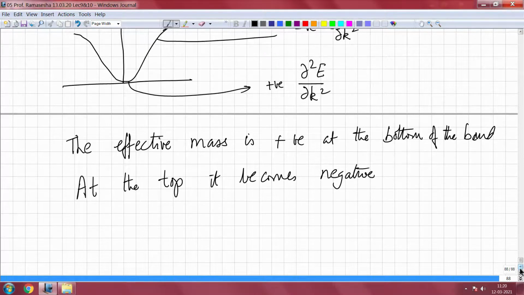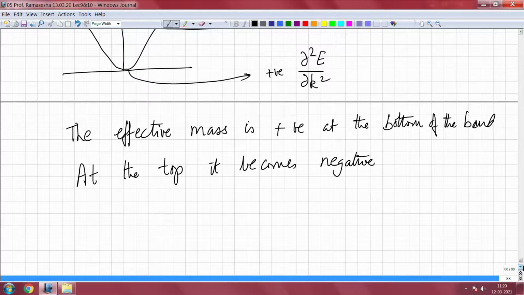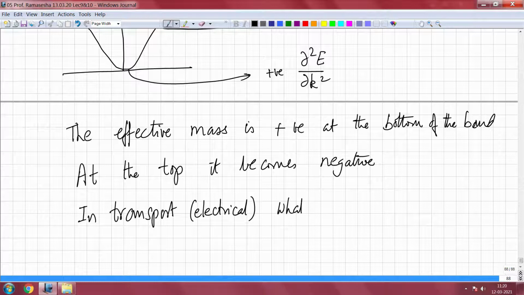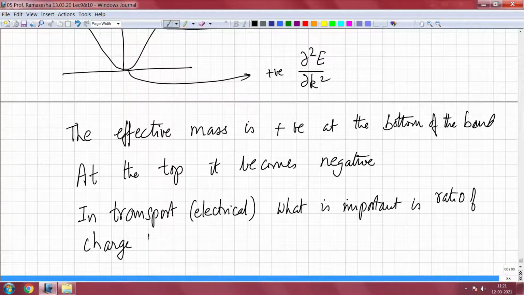Most of the times when we are dealing with transport properties, what is important is the charge to mass ratio of the charge carriers. In transport, basically electrical transport, what is important is the ratio of charge to mass, Q by m.